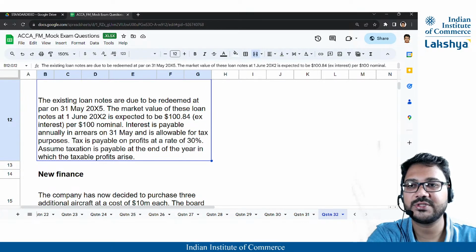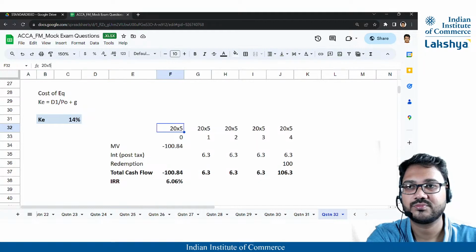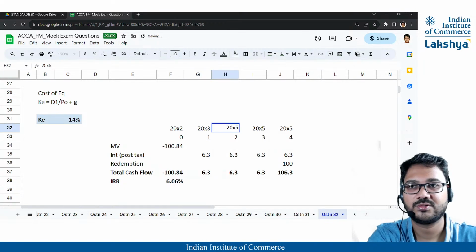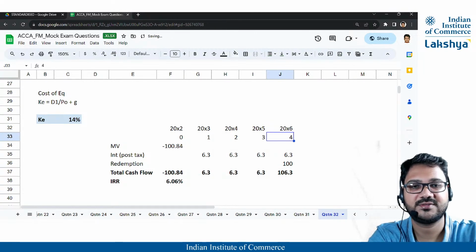The market value of these loan notes is as on 1st June 20x2, 3, 4, and 5. Okay. So this is actually 20x6.